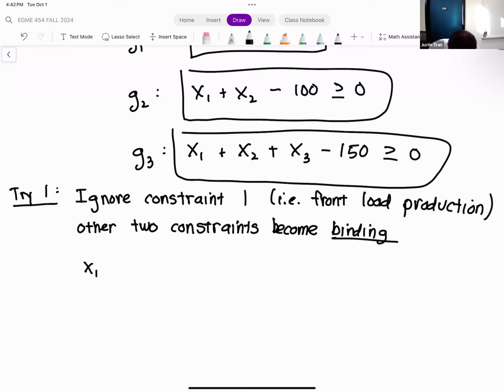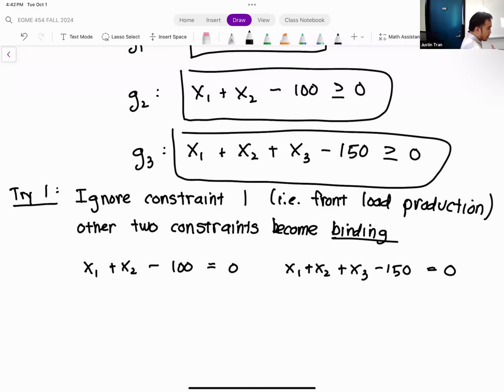We have X1 plus X2 minus 100 has to equal 0. And X1 plus X2 plus X3 minus 150 has to equal 0.